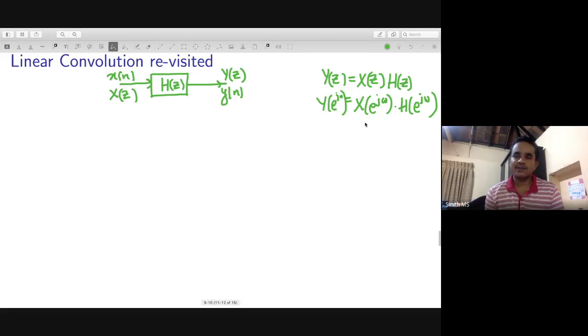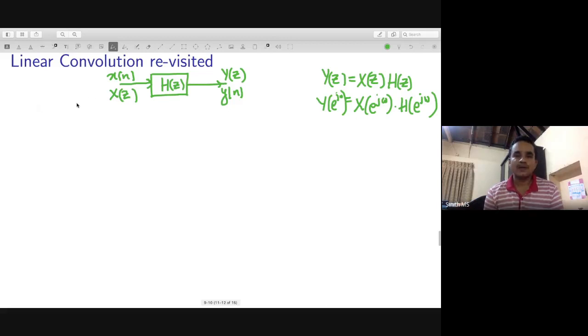Which frequencies are amplified by whatever amount is given by H(e^{jω}), which is the frequency response. When X(e^{jω}) has those frequencies, they will be multiplied by the corresponding magnitude, and you get the spectrum of the output Y(e^{jω}). And if you take the inverse transform to get the time domain function y[n], you can get that.